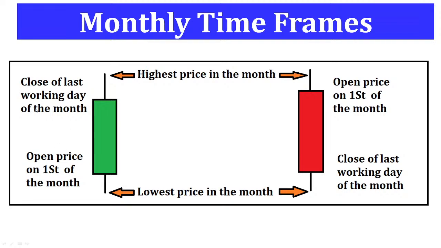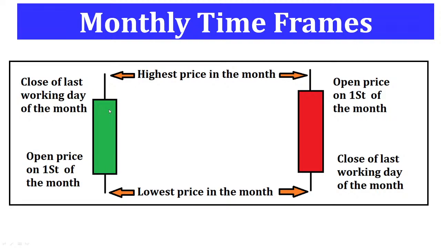The closing price of the candle is nothing but the closing price of the last day of the month. Highest price of the candle refers to the highest price made by the stock in that particular month. Lowest price refers to the lowest price of the stock made in that particular month.